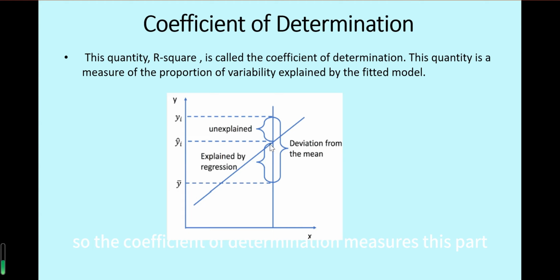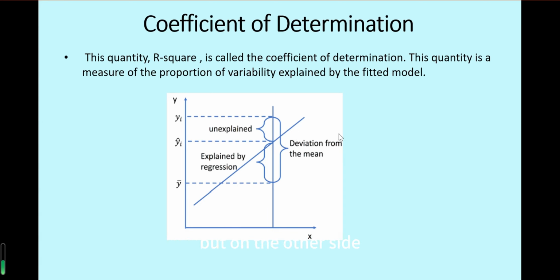So the coefficient of determination measures this part, right? If this is very close to 1, it means the error term will be very small. So all the variance of the y, because y observation minus the mean value take a square is the variance, right? So all the y variance will be explained by this fitted line. So this is a very perfect model.